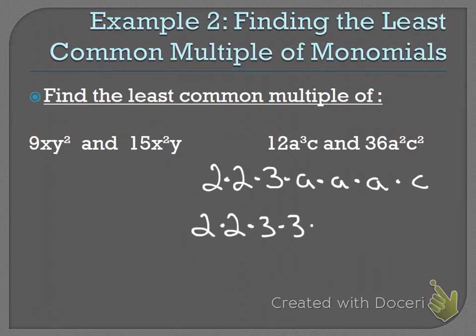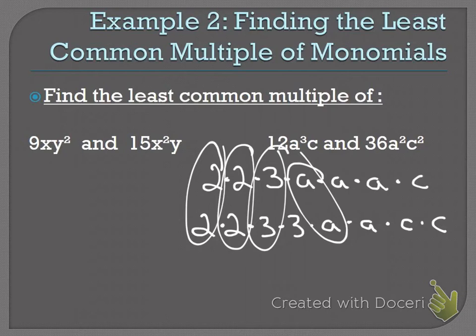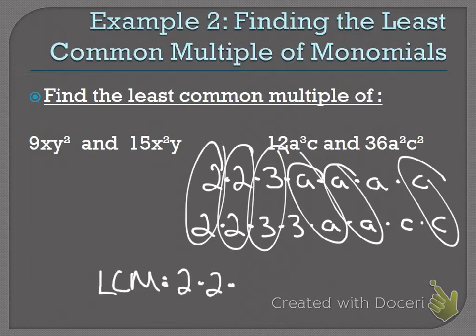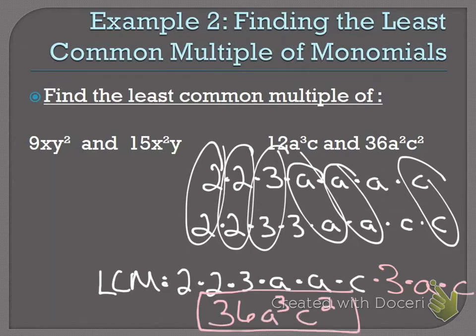What are the common groups that you circled? 2, 2, 3, A, C. All right, but don't forget, bring down your leftover. Bring it down. 36a to the third c squared. Raise your hand if you got it.